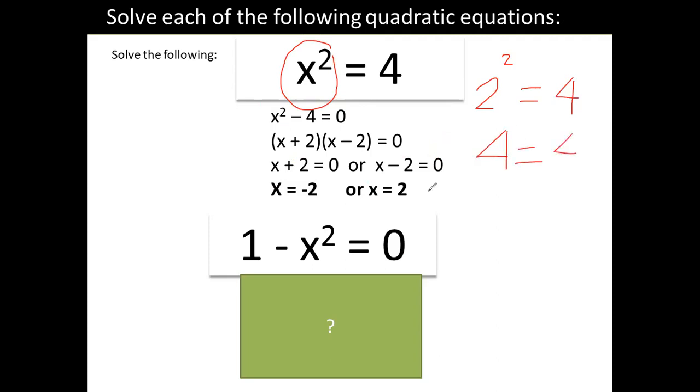So our answer is correct, since we get the balance of the left-hand side equals the right-hand side of the equation. Therefore, positive and negative 2 is correct. Because again, we get the balance.